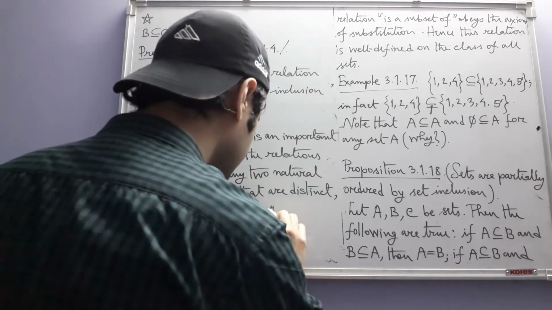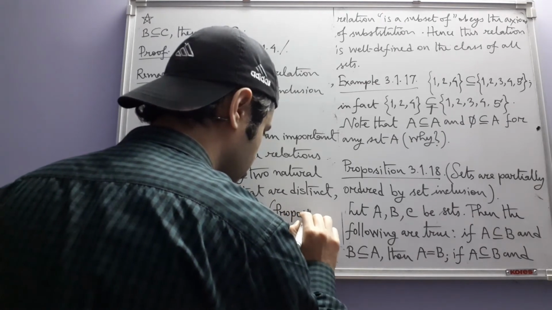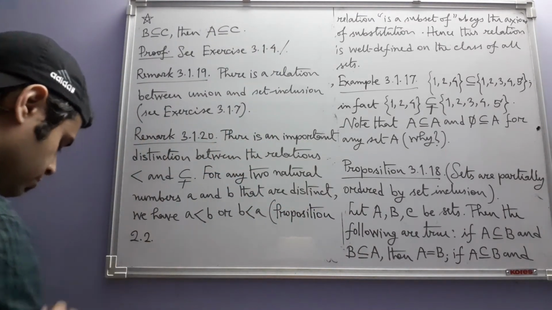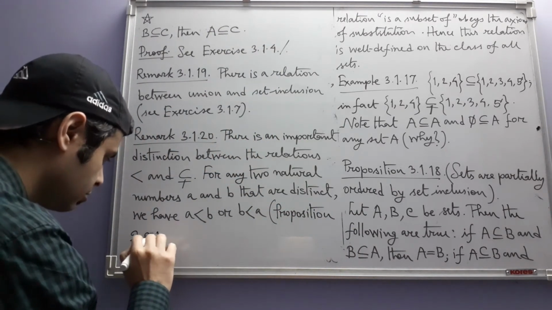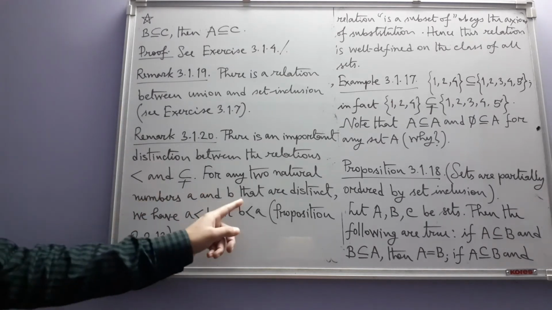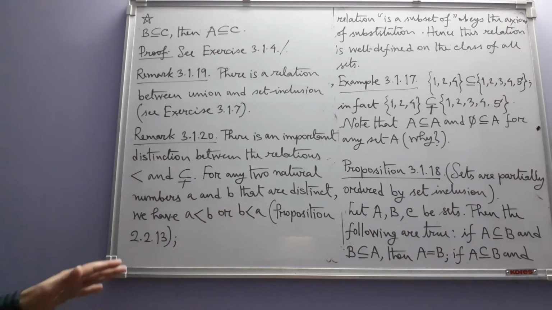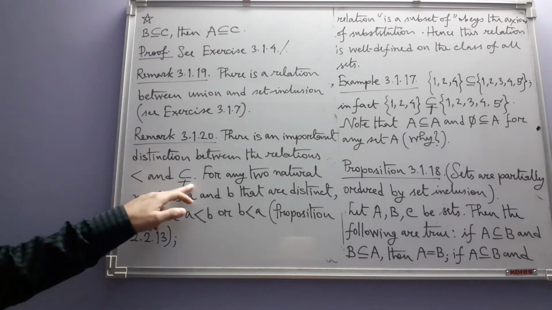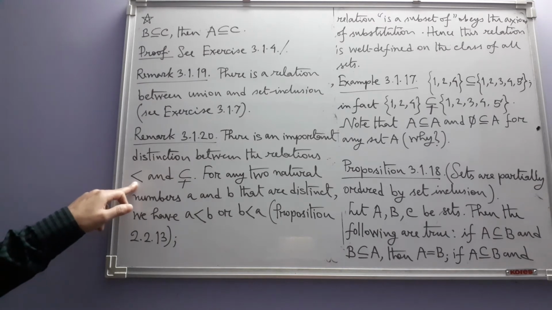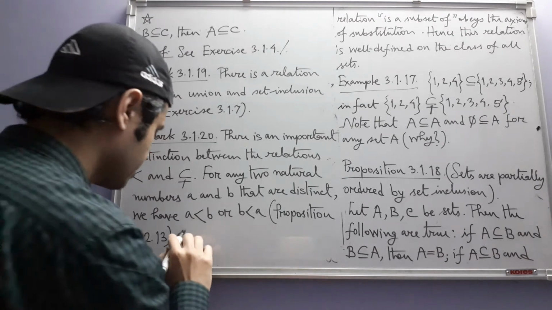It was proposition 2.13. Okay, this we already know. If we take two distinct natural numbers, then one is strictly less than the other. However, if we are thinking of this relation, it behaves in much the same way as this one. However, this is the distinction. This is not the case with sets.